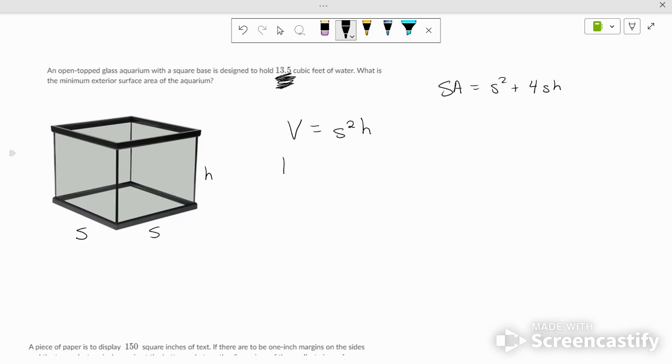We're given the volume, 13.5 equals S squared H. So is there a way I can write the surface area in terms of one variable? See how these have 2 variables? I want to get them down to 1. To get them down to 1, what should I get alone here?